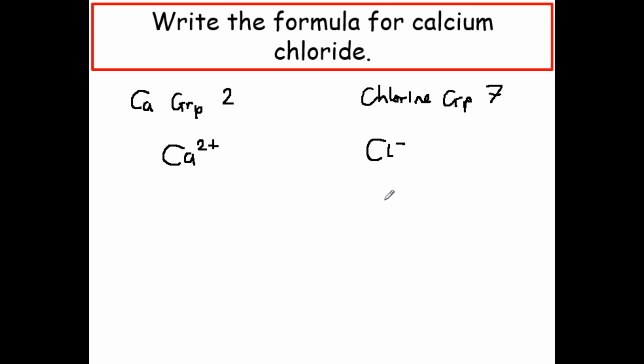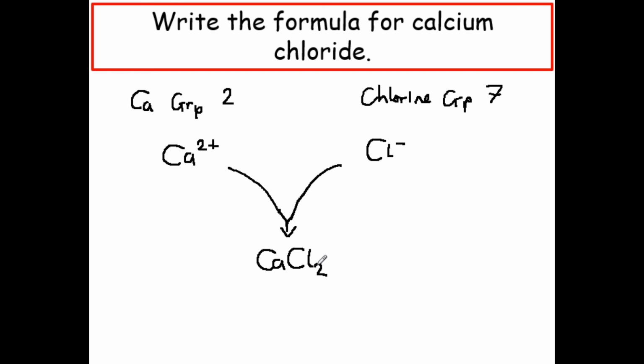to become Cl- ions. Now what we need to remember is that when those two come together to form the actual chemical, we need to make sure that the number of positive charges are cancelled out by the number of negative charges. So we've got 2 positives and 1 negative, so we're going to have 1 calcium join to 2 of the chlorine, and because we've got 2 chlorine, the little 2 goes in the bottom right of the symbol for chlorine, Cl.